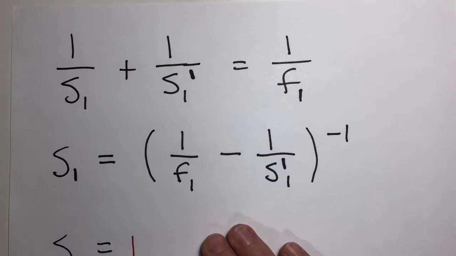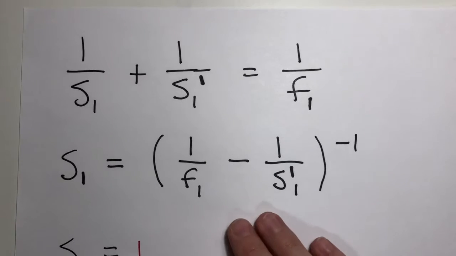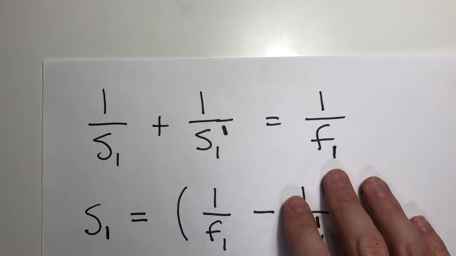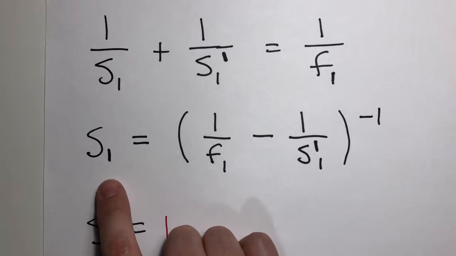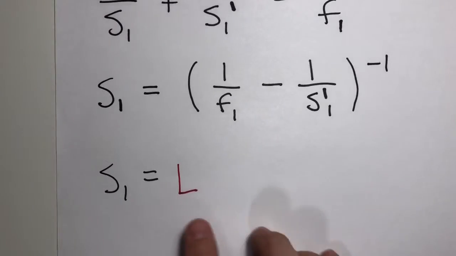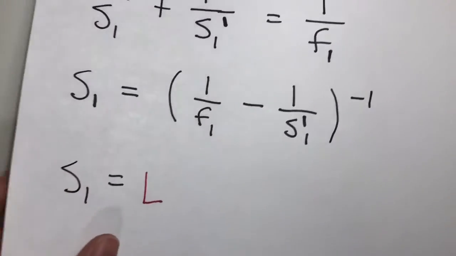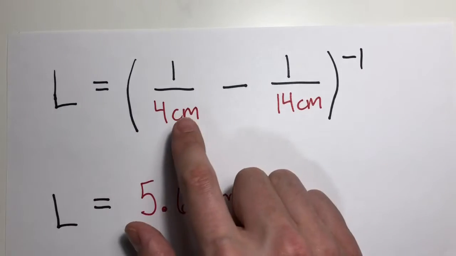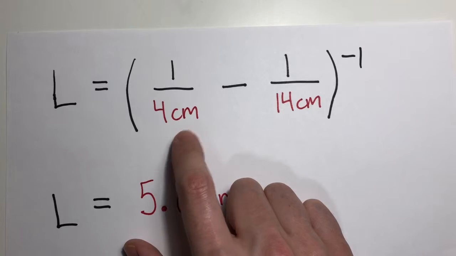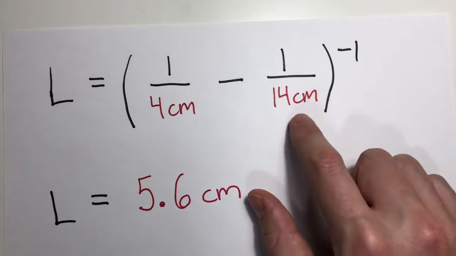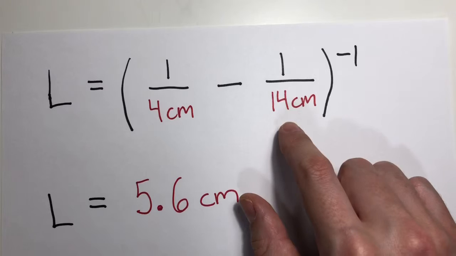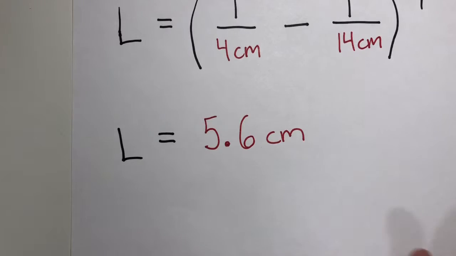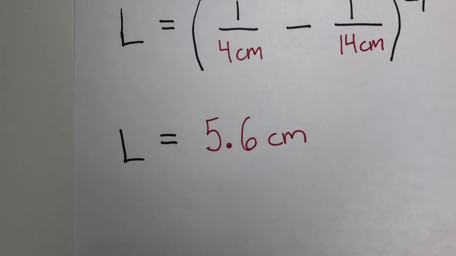And now we know what S prime 1 is, so we can use our thin lens equation for the first lens, set it up to solve for S1, because S1 is L. So L equals 1 over the focal length of 1, which is 4 centimeters, minus 1 over S prime 1, which we calculated as 14 centimeters. And we get 5.6 centimeters. And that's the answer for part A.